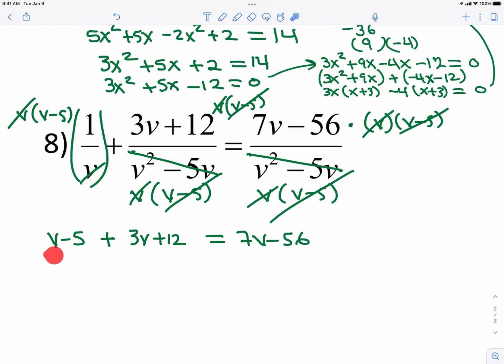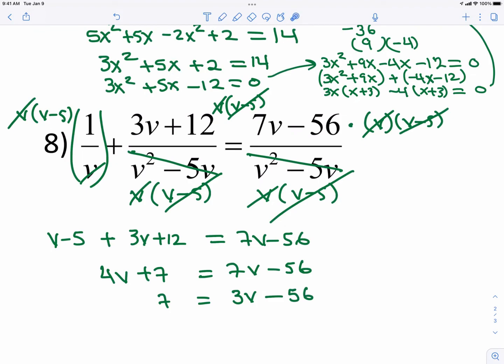Collect like terms. We have v and 3v makes 4v. Negative 5 plus 12 is 7. And on the right side, we have that 7v minus 56. Let's subtract the 4v from both sides. So subtracting 4 from 7 leaves us with 3v on the right.